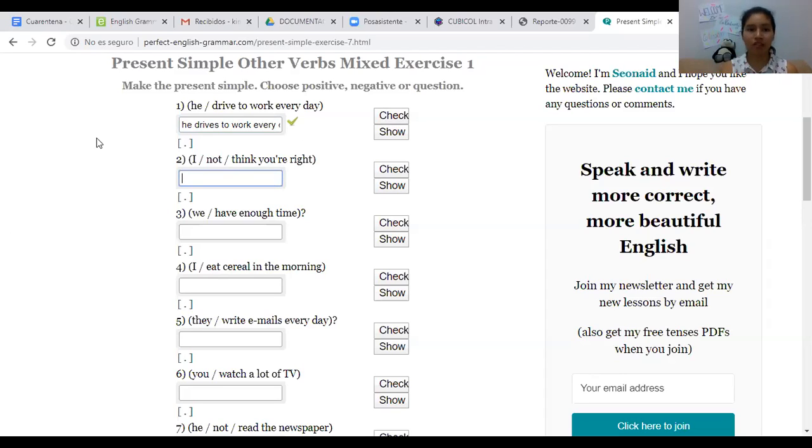Now this says, I not think you're right. So it's a negative because there is a not. So we put, I don't think you're right. And we check. It's correct also. We have enough time, and question mark.